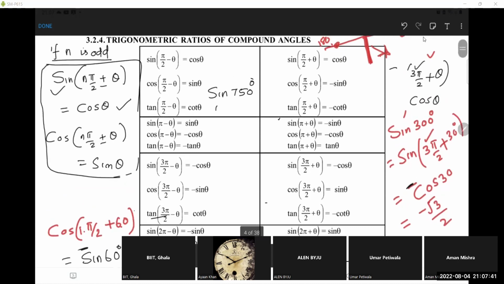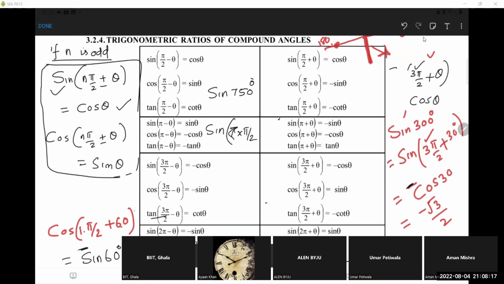How to approach? I write this as a multiple of 90 degree. How? Can I write it as 8 into 90? I want to write it as an odd multiple. 7 into 90, 9 into 90. 720 plus 30, so 7 into pi by 2 is 630.